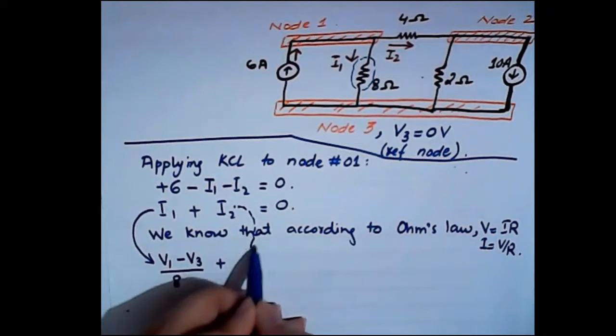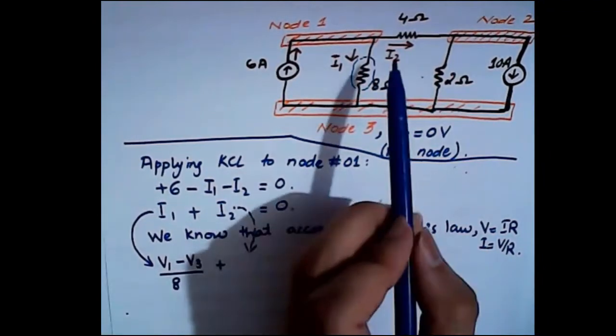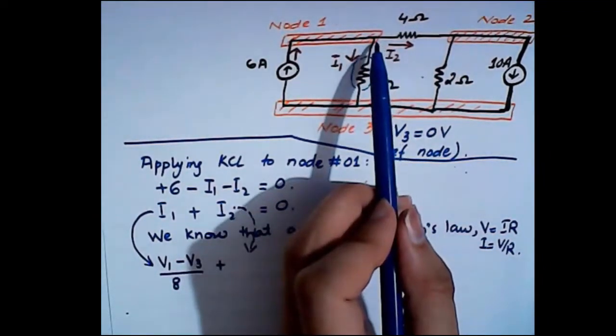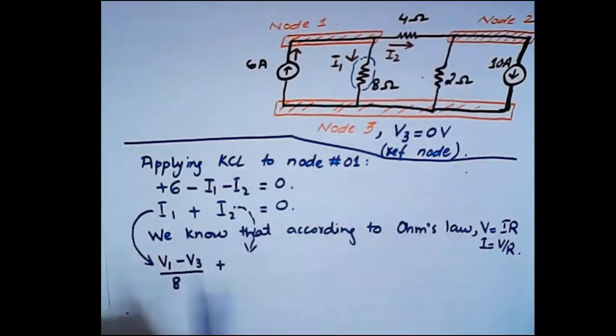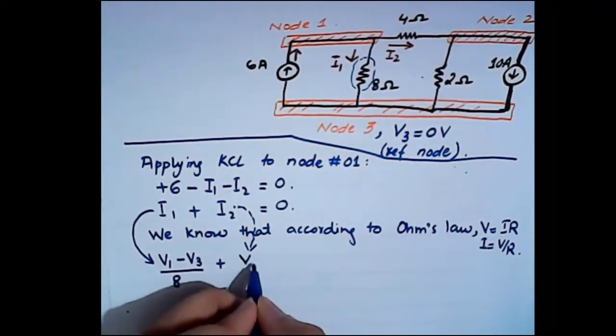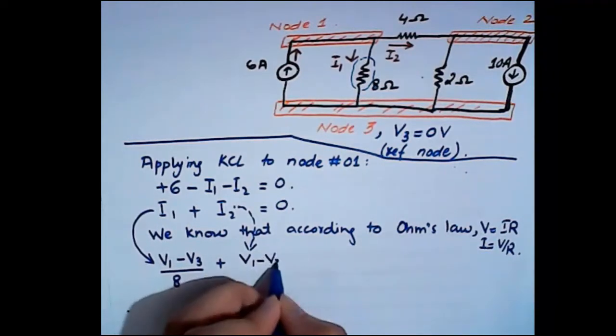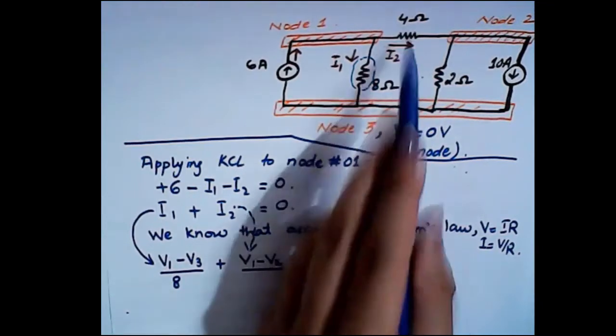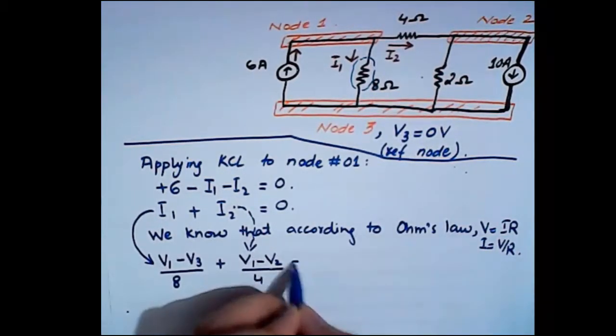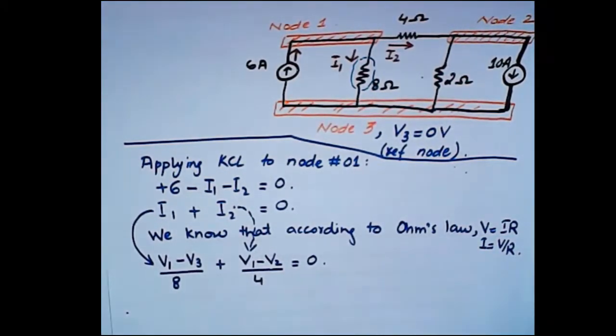Now the current I2 is leaving which node? Node 1, and approaching which node? Node 2. So the voltage responsible for the flow of current I2 is V1 minus V2 divided by the resistance, which is 4 ohms. I hope there is no confusion in this.